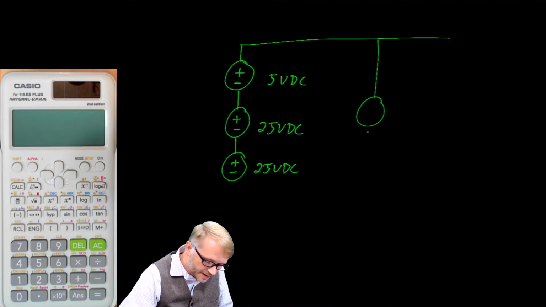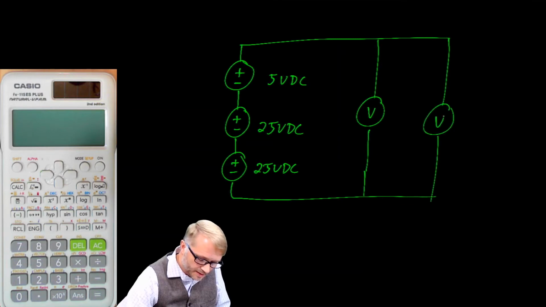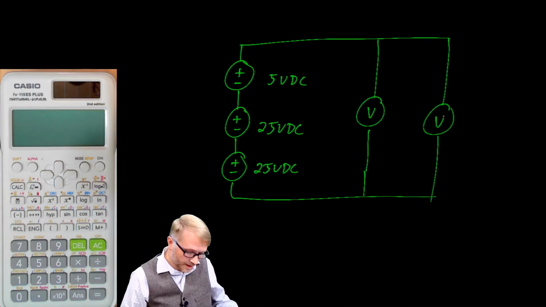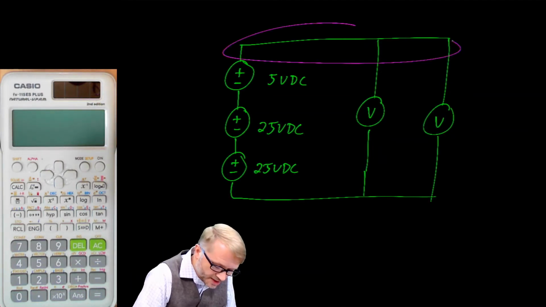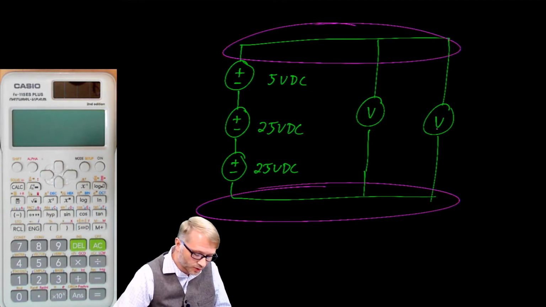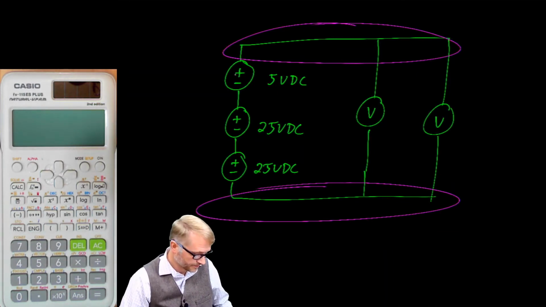You had the analog meter measuring voltage, and you had the digital meter measuring voltage, and they read the same voltage. And one of the reasons they read the same voltage is because they were on the same node. We would call these 2 voltmeters parallel, whereas we would call the power supplies series connected.